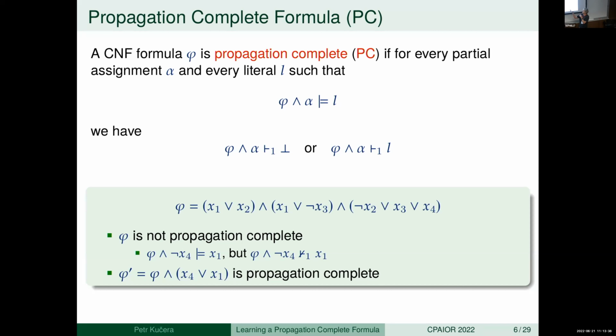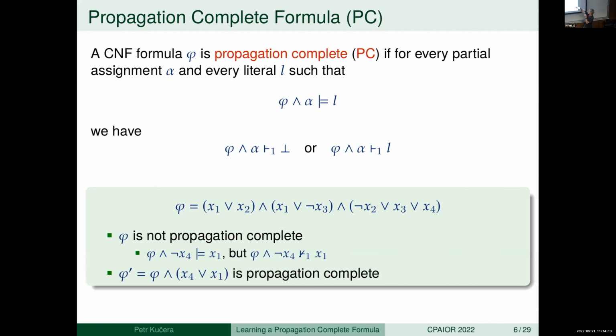So for example, if we look at this formula here, it's not propagation complete, because if we set x4 to false, then x1 is implied, but we cannot derive this using unit propagation. So if I falsify x4, then yeah, the only way to satisfy this is to have x1, right?